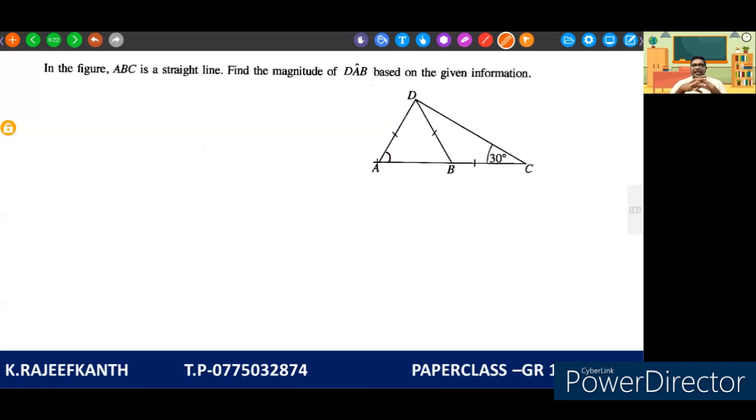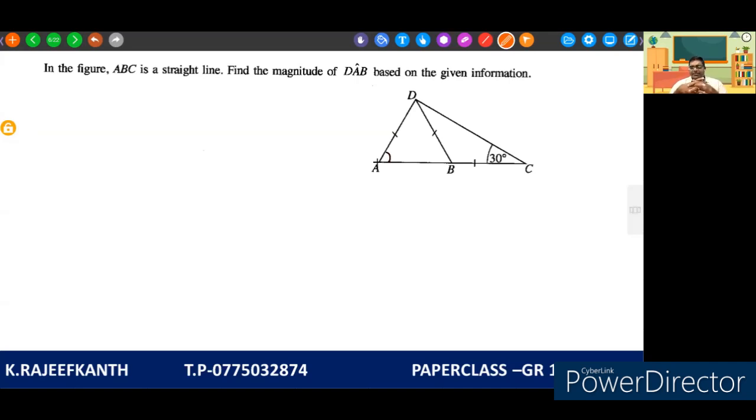Right? In the triangle ABD, AD and BD are equal. In the triangle BCD, BD and BC are equal. And also they have given that angle BCD is equal to 30 degrees. So by using this data, we have to find the magnitude of angle DAB.